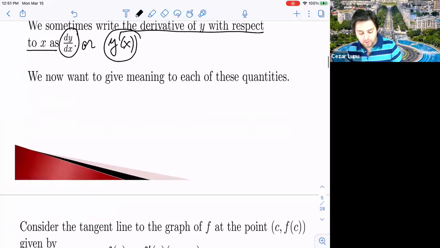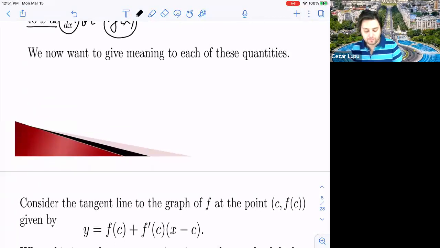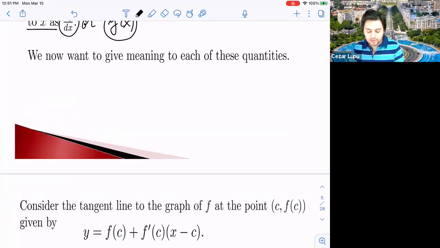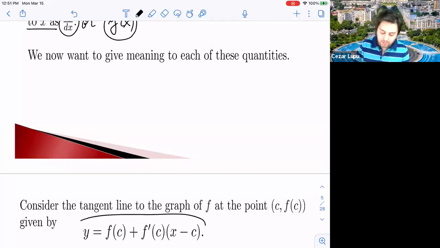Okay. All right, so what we're going to do is the following. First, let's consider the tangent line to the graph of f at the point of coordinates c and f of c. We know that the tangent line is given by this equation here, y equals f of c plus f prime of c times x minus c.